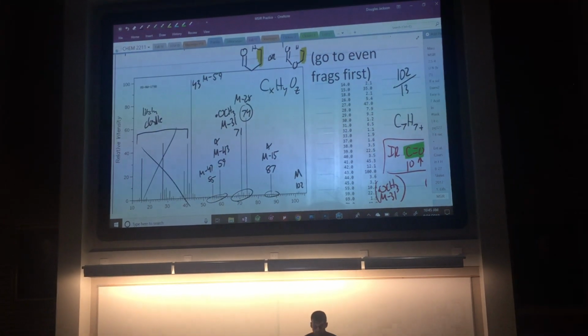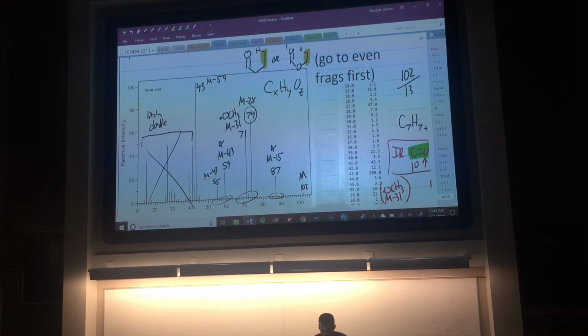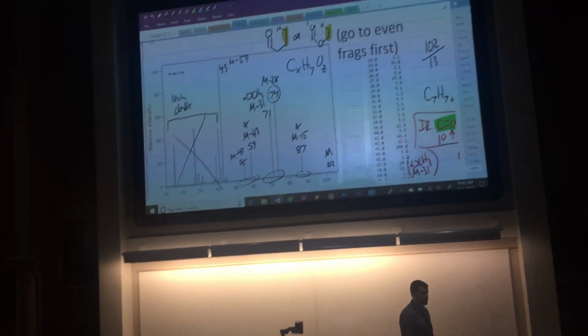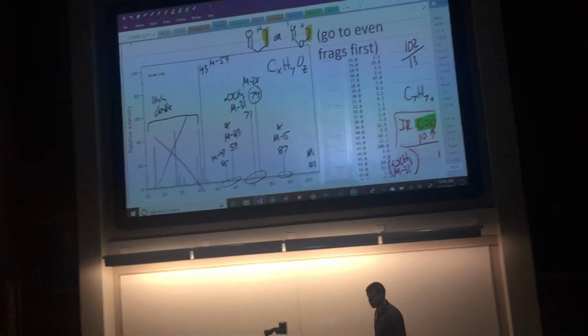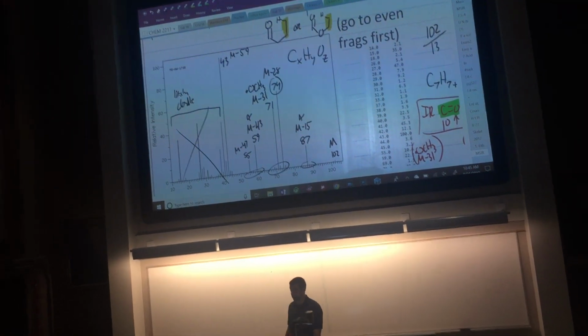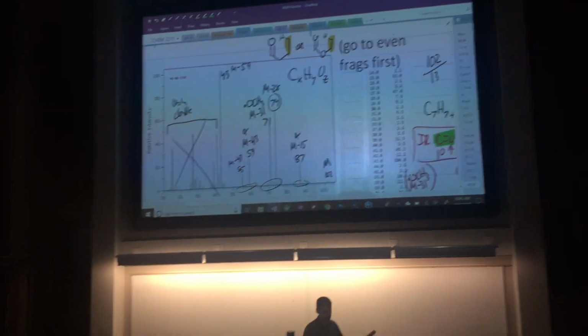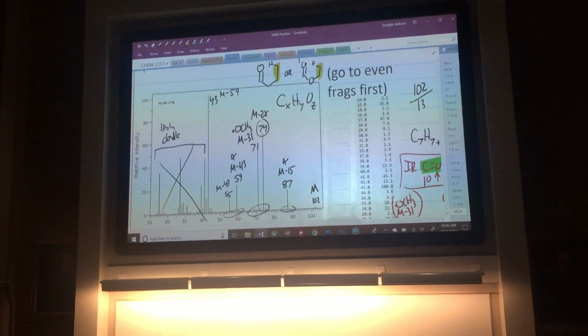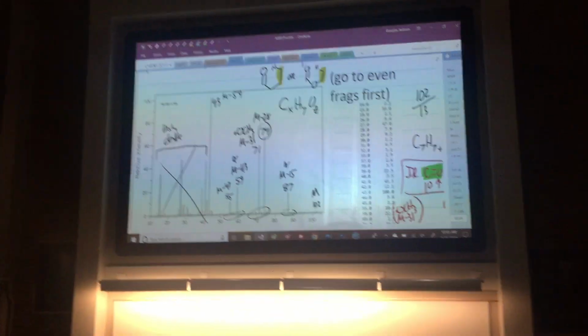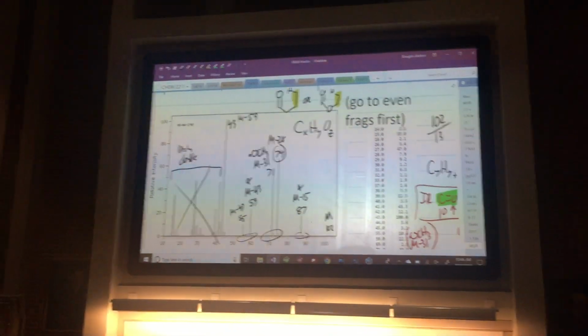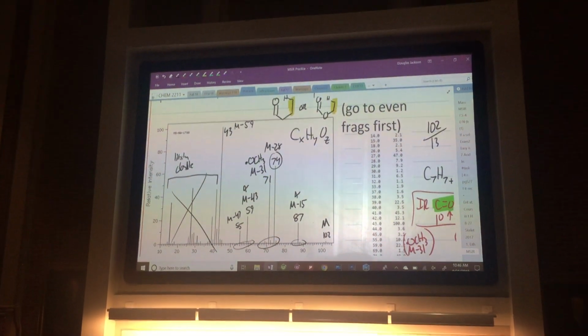It can come from a propyl group attached to a ketone, or an ethoxy group and an ester attached to that ketone. Those are only two ways it can happen. Only two ways, and so we've got a clue as to what we should look for. Okay?